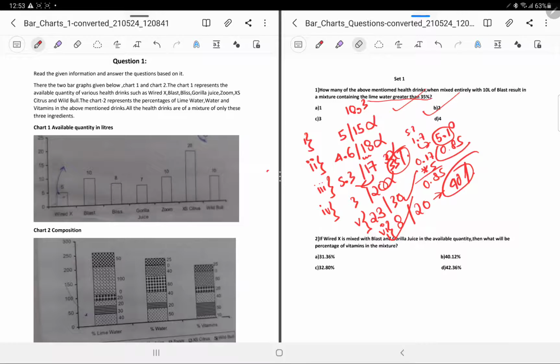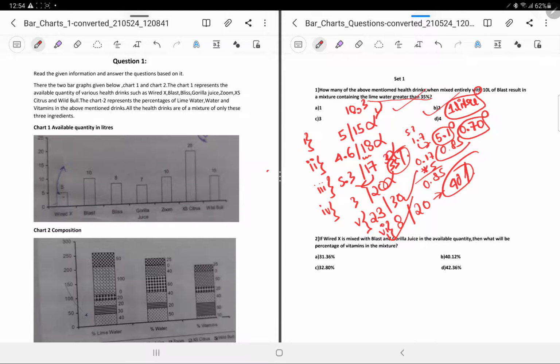See, the one approach that struck me is that I'll take the amount of the lime water per liter. Then for every quantity, I'll see the concentration of the lime per liter, then mix it with the lime and see if it is going beyond 0.70.